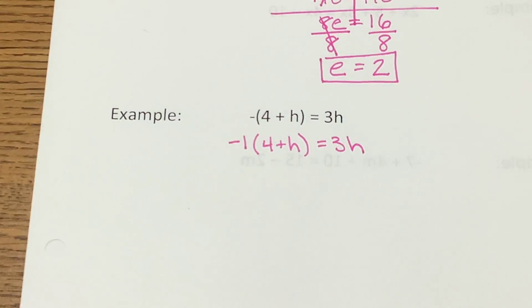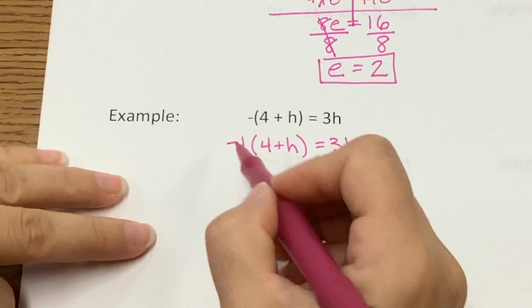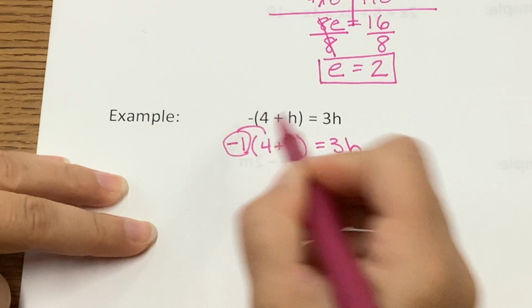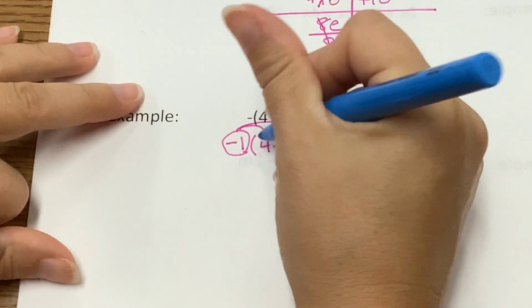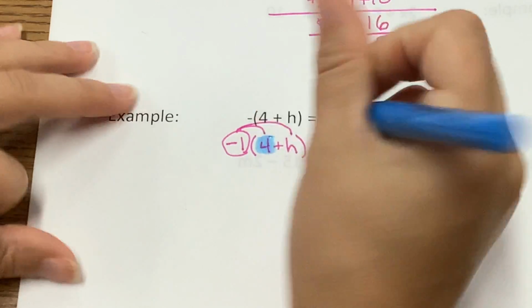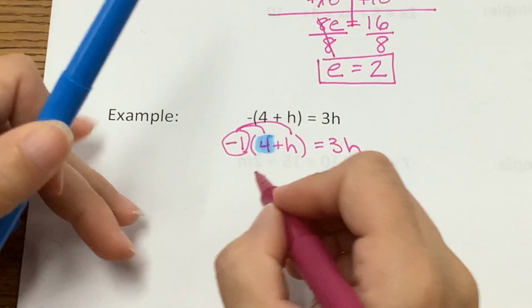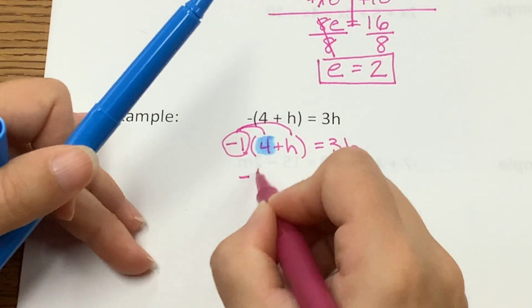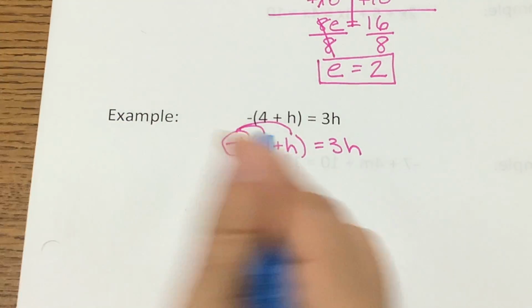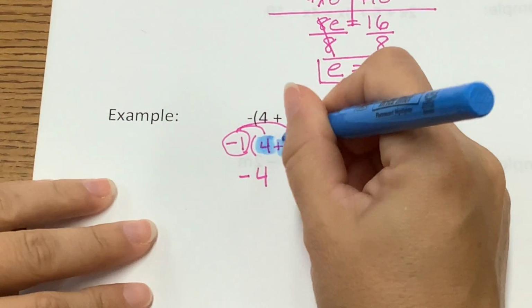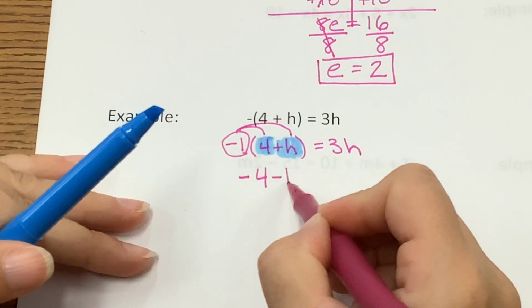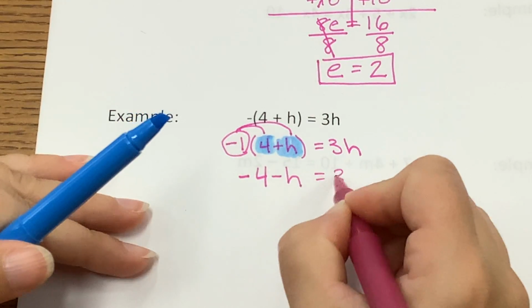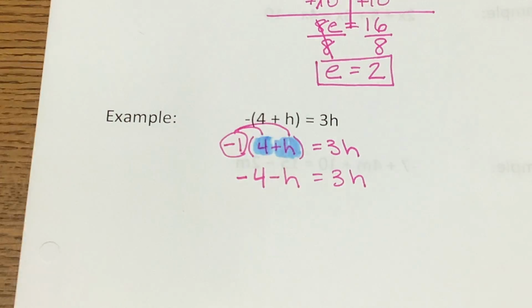So we're going to take -1 times 4 and -1 times h. Now h has an understood 1 also, right? What is -1 times 4? -4. What is -1 times h? -h. Treat it like it's subtraction. Bring everything else down.